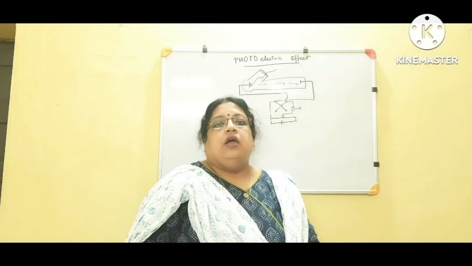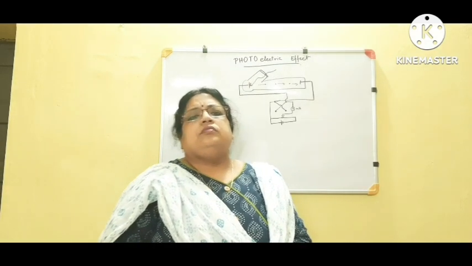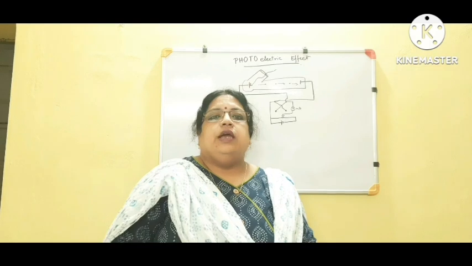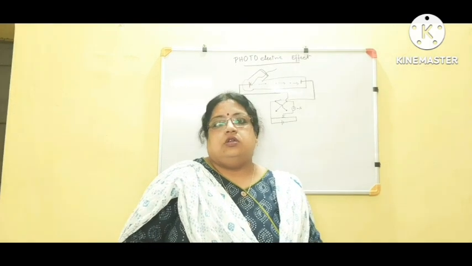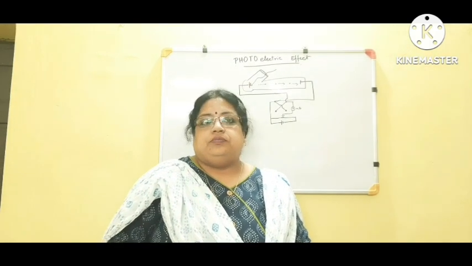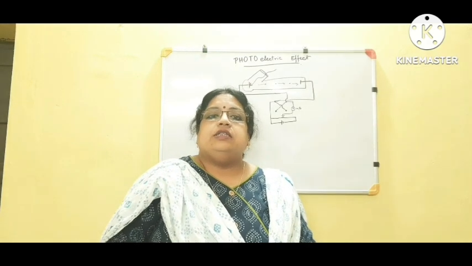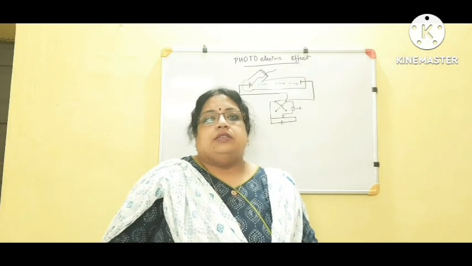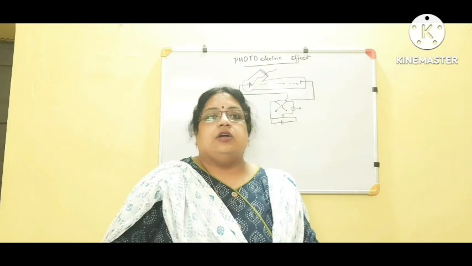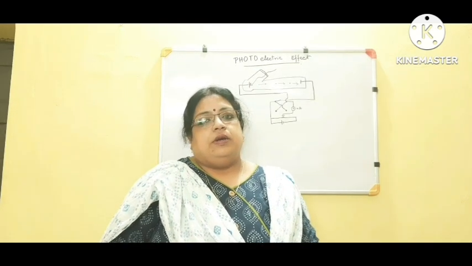What does it mean? We know that there are a lot of free electrons in the metal. These electrons can easily move within the metal, but they cannot come out from the metal surface.